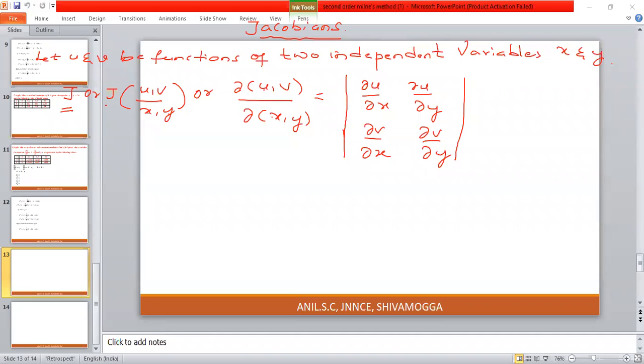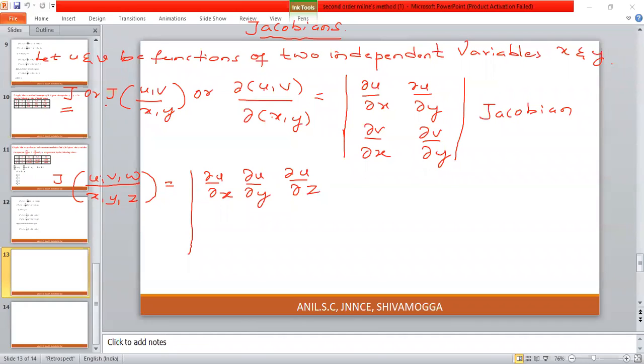This is what we call Jacobian. Suppose u, v, w are functions of three variables, say x, y, z. Then Jacobian will be equal to the determinant whose first row is del u by del x, del u by del y, and del u by del z.